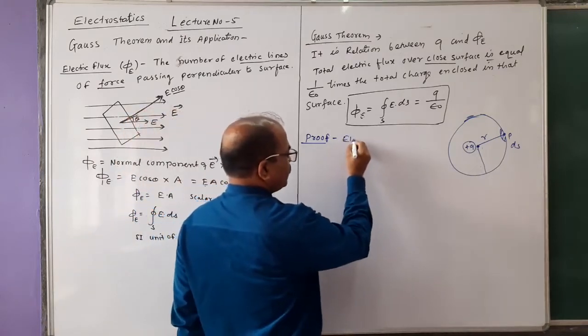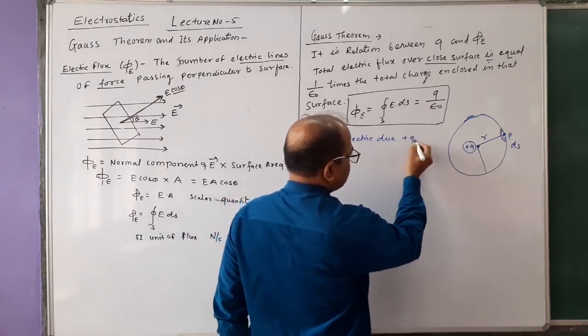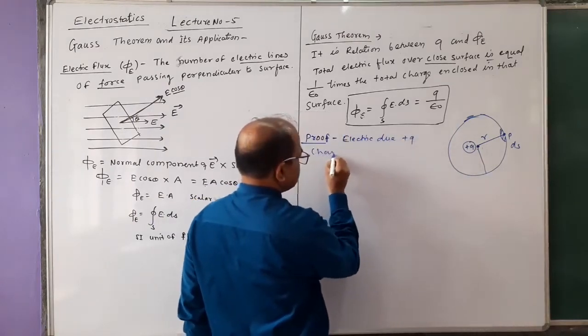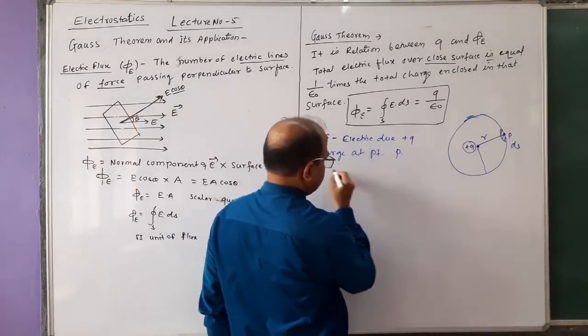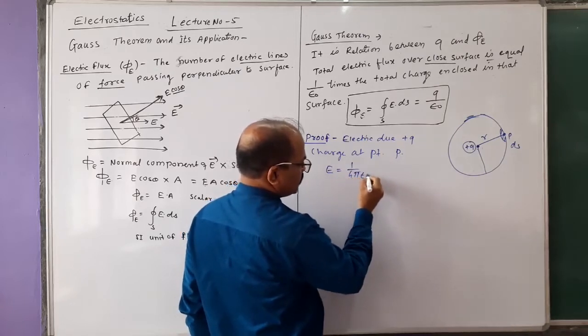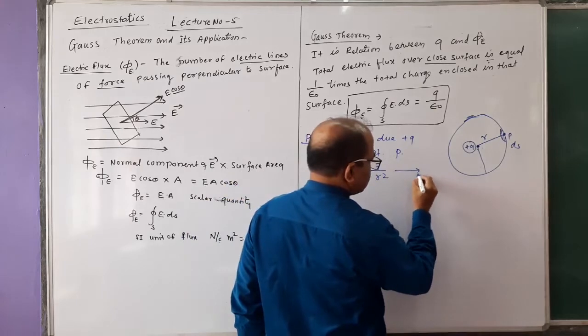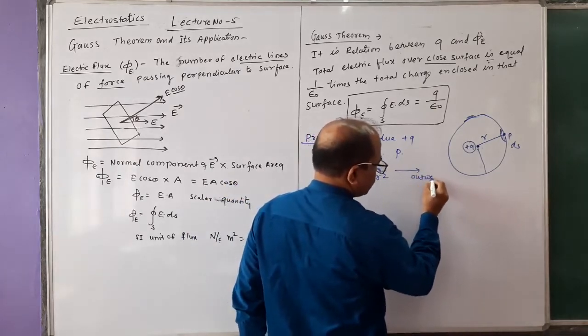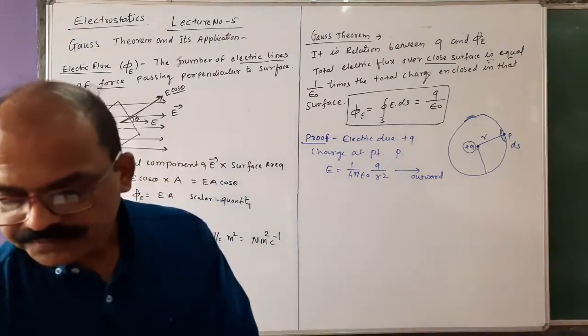The electric field due to this charge at point P is E equal to 1 divided by 4 pi epsilon naught, Q divided by r square, and its direction is outward, away from the positive charge.